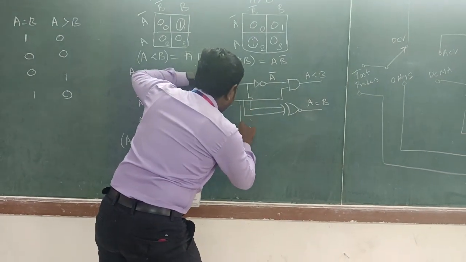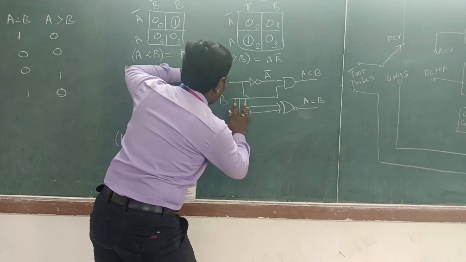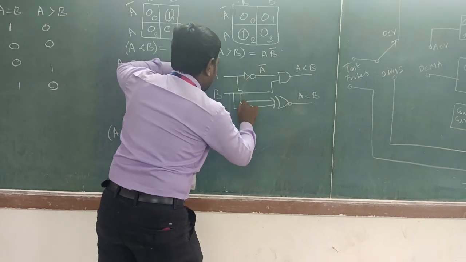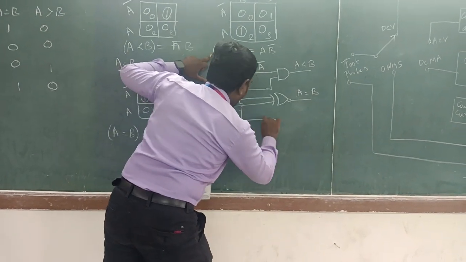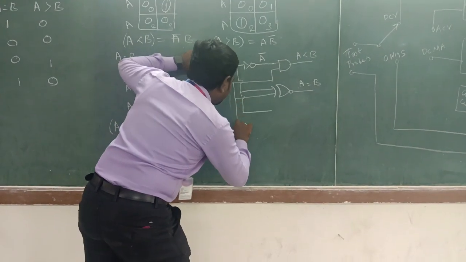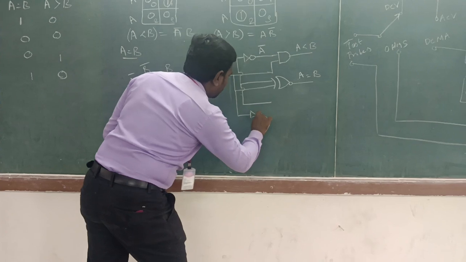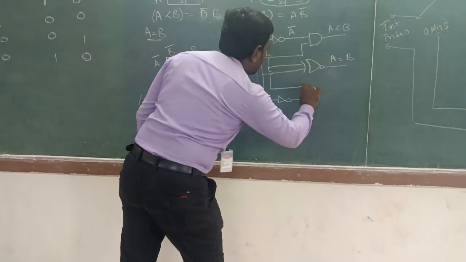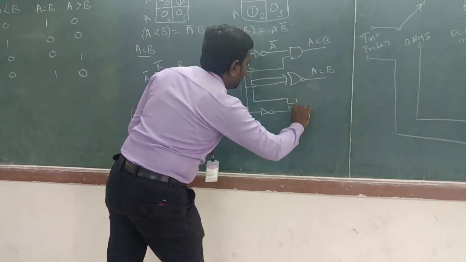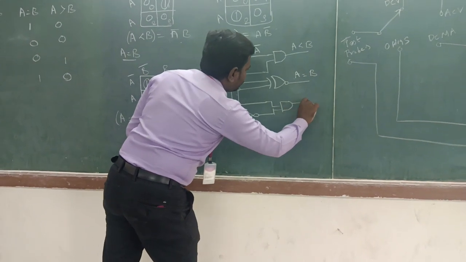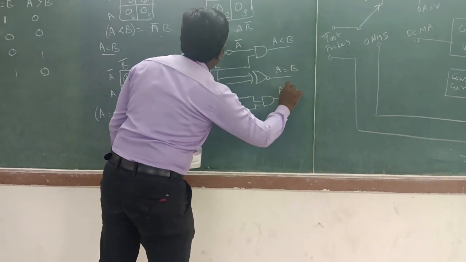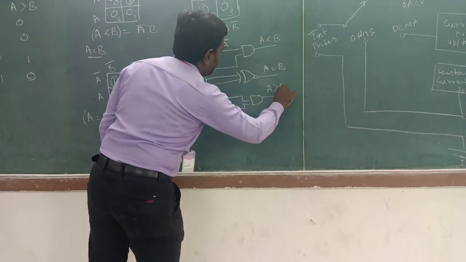So I am taking A from here, and I am converting this B into B bar. I am using a NOT gate to convert B into B bar. Next I am going to connect it to an AND gate. So we will get A greater than B.